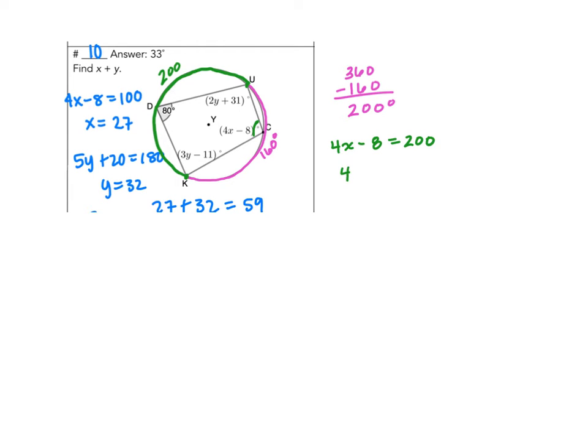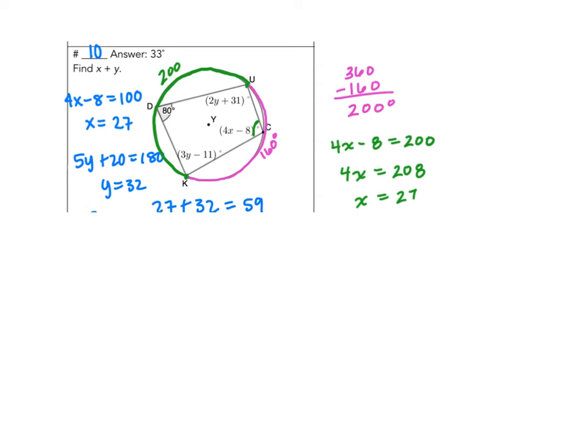And then he gets 4x is equal to 208. And then he divides by 4 and gets that x is equal to 27. So that's how he knew what x was. And then to find y, what he can do is, you have a quadrilateral here, a 4-sided figure inscribed inside a circle. So the 4 angles have to add to 360, okay?